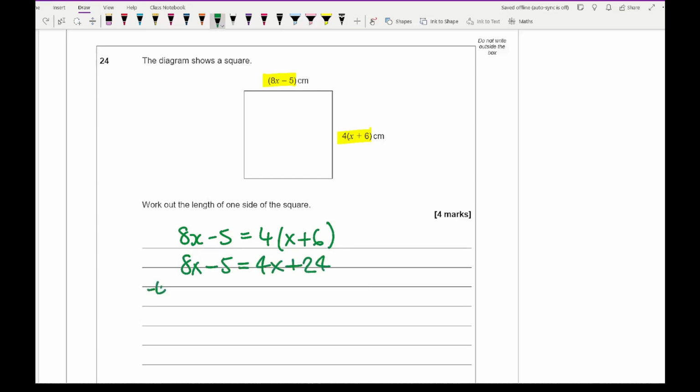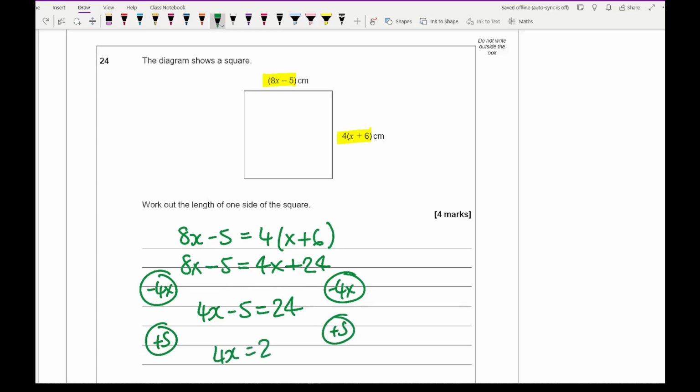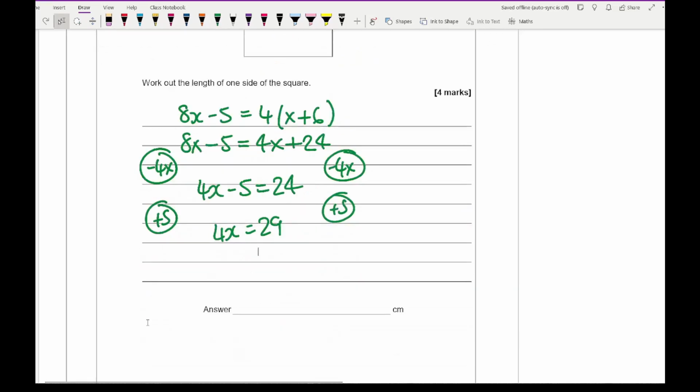Take the 4x from both sides, in which I'll end up with 4x minus 5 equals 24. Add 5 to both sides, in which I get 4x equals 29. And so x equals 29 divided by 4, which gives me an answer of 7.25.